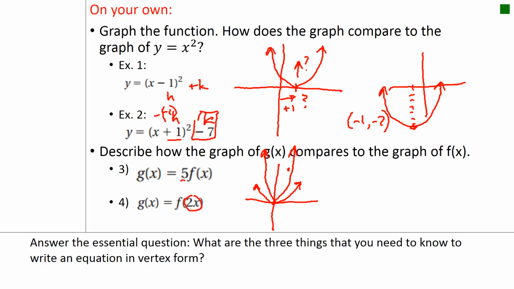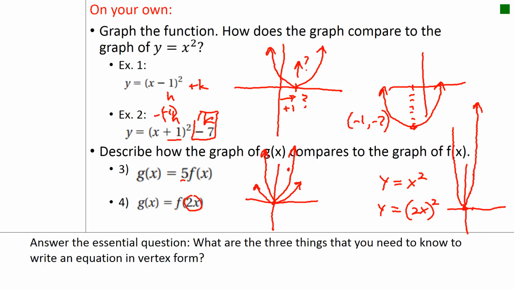Here, be aware that that 2x is like changing the function y equals x squared into y equals the quantity 2 times x squared. And you see this is going to make this go up rather quickly, because we have 0, 0, then we have 1, 4, and then we have 2, which would be 16, because 2 times 2 is 4, and 4 squared is 16. This also is a very, very dramatically thinned out parabola.